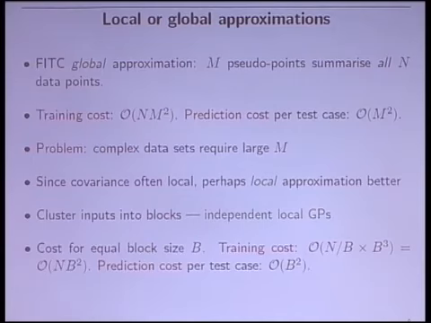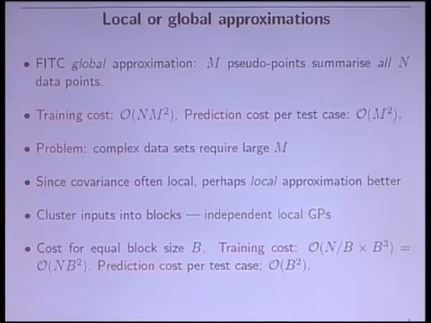So this FITC approximation I've been describing can really be thought of as a global approximation in the sense that it has a small basis set, M pseudo inputs, but they summarize all N data points globally. And as we said before, it has a training cost of NM squared and a prediction cost of M squared per test point.